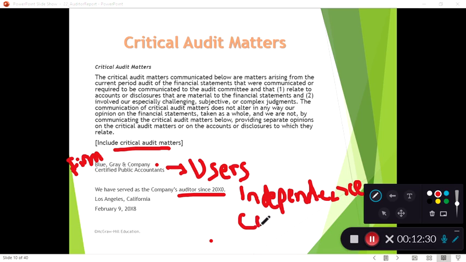But it also answers some questions around competence, because if it's your first year auditing the client, then as a user, I might be a little skeptical. How well did you really get to know them and the firm, versus if it's the 5th year, then I feel more confident. But maybe getting into the 15th year, I start wondering about independence, right? So that's the name, the city in which the firm is based, and the date of the report.